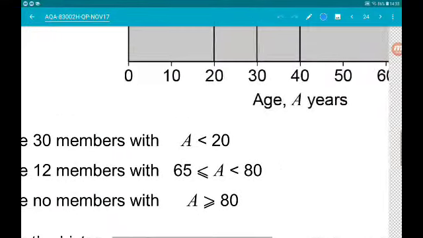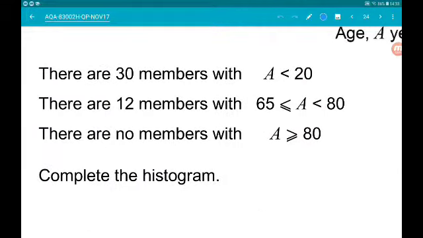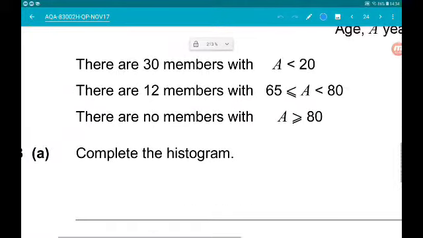So we got age going along the bottom. There are 12 members with age greater than or equal to 65 but less than 80, and there are no members with an age greater than 80.